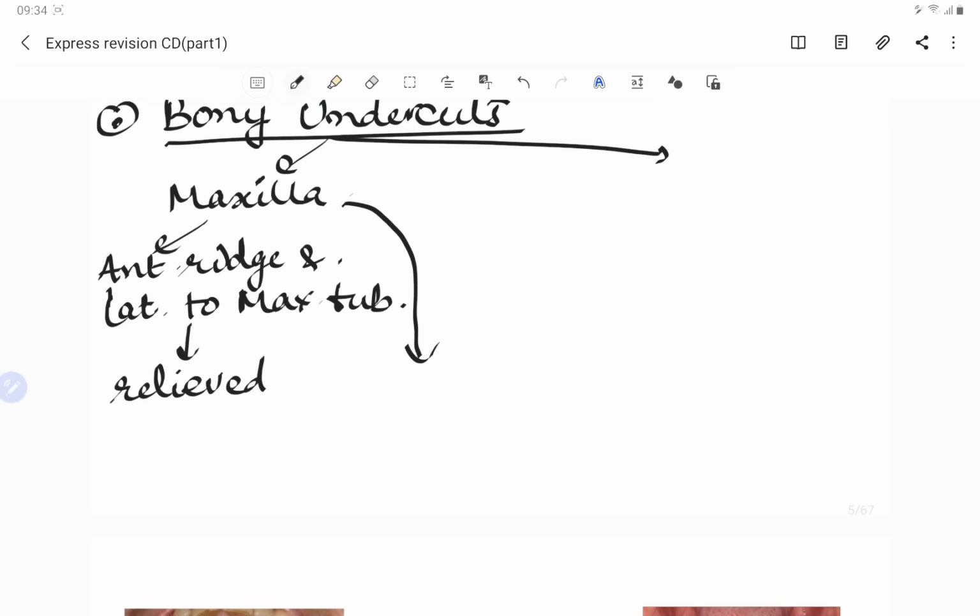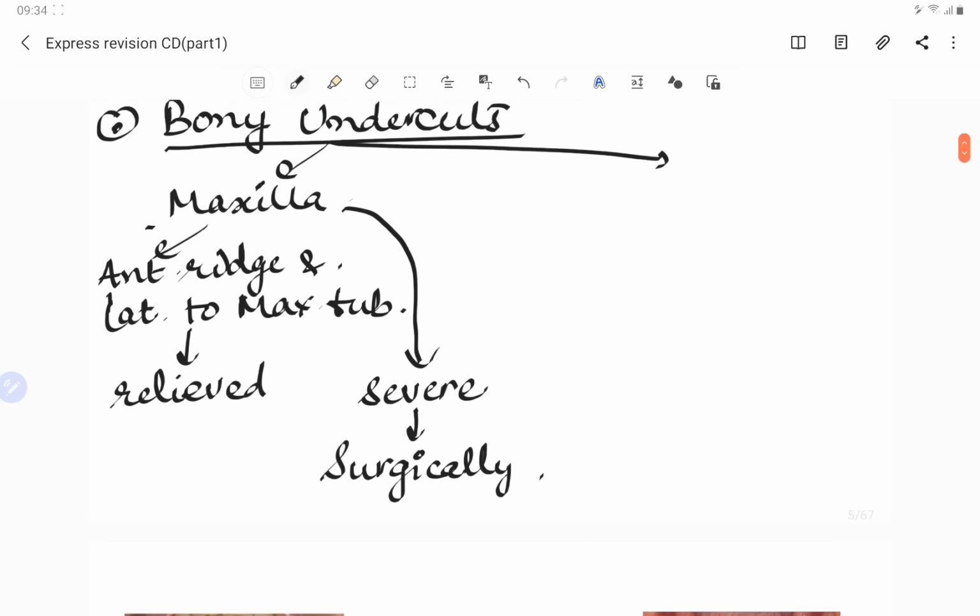But in the maxilla, if there are severe bony undercuts present, then before giving the denture, in the pre-prosthetic surgery, we need to remove them surgically. Okay, this is about the maxilla.